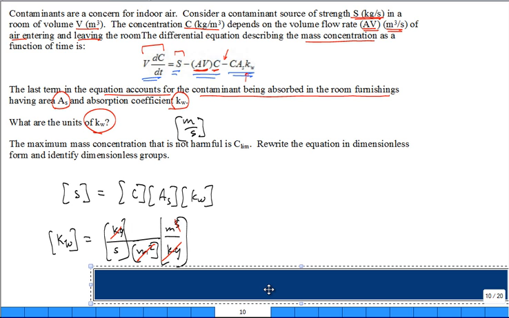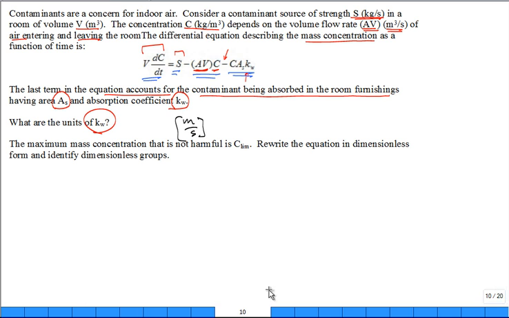Okay, rewrite the equation in dimensionless form and identify dimensionless groups. Something new. Can you do that? All right, so let's do this. Let's take our equation, and all you do is basically divide everything, or multiply by 1 over C limit.